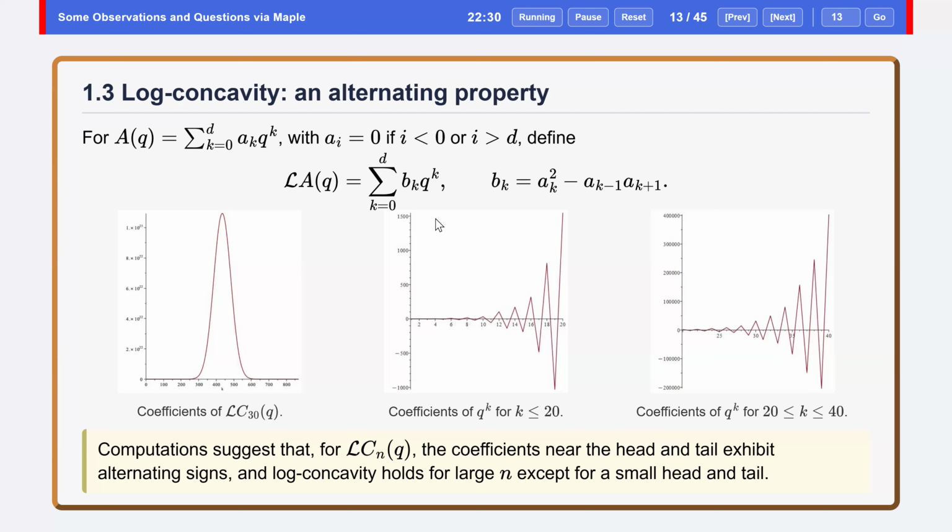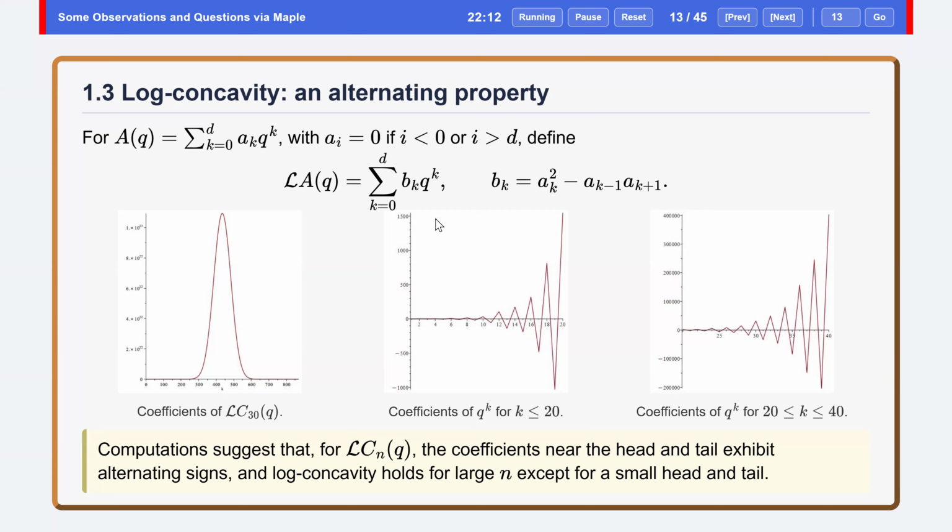Let's move on to the stronger property, log-concavity. Richard Stanley wrote a classical survey on log-concavity, where you can find a lot of background.